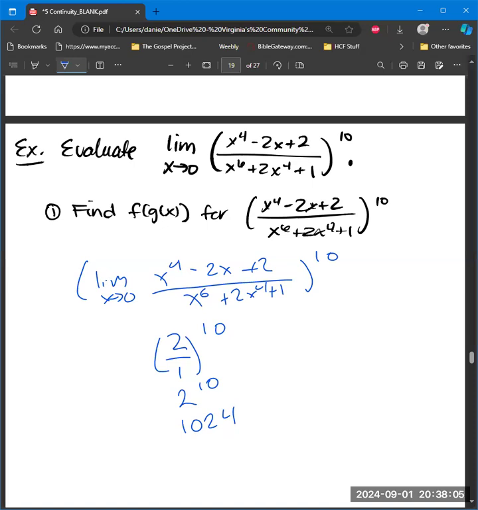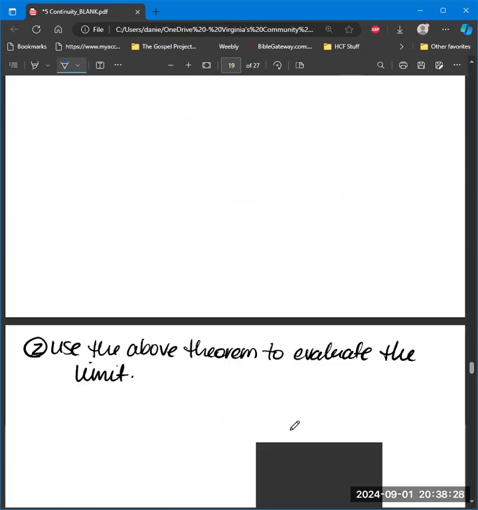I guess we just wanted to find f and g here, not find the limit. Our f of x is our outer function, x to the 10th. G of x is our inner function, x to the 4th minus 2x plus 2 over x to the 6th plus 2x to the 4th plus 1. And we can find that composition.